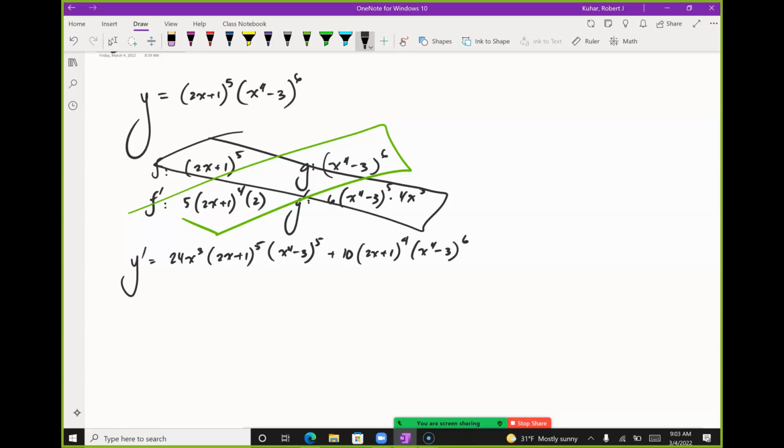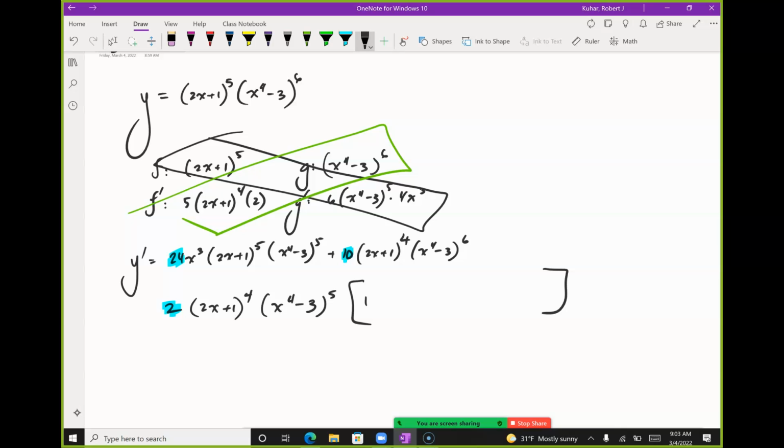Okay, I can see a 2 comes out of the 24 and the 10. I can see (2x plus 1) to the 4th coming out, and I can see an (x to the 4th minus 3) to the 5th coming out. What's left over?